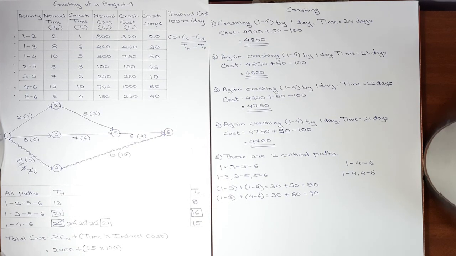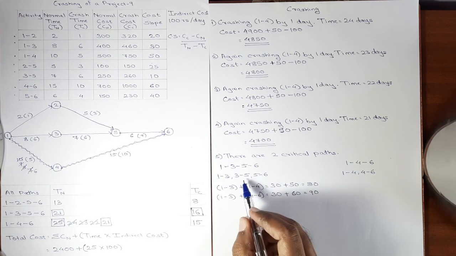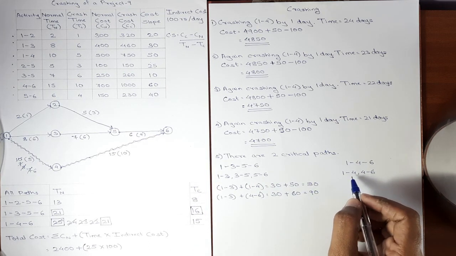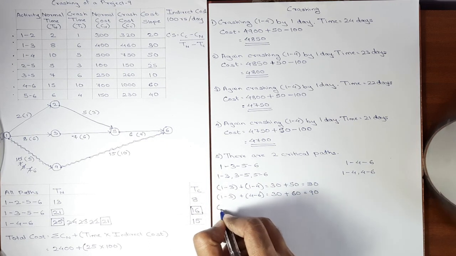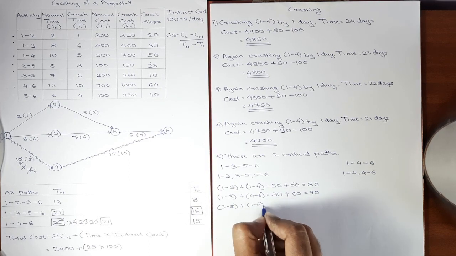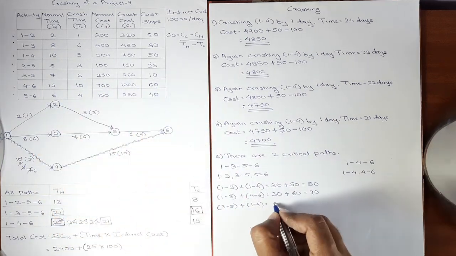Our next combination will be the second activity from the first path and the first activity from the second path: 3, 5 plus 1, 4. Cost slope of 3, 5 is 10.